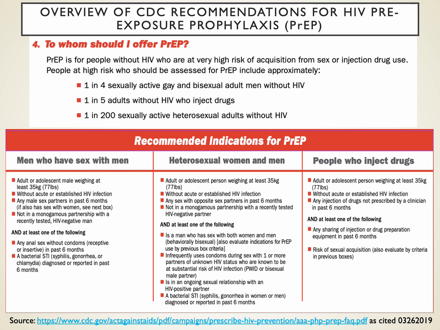I think the patients you're going to see most often requesting PrEP are men who have sex with men, or perhaps men or women who inject drugs and pose a risk for sharing needleworks.